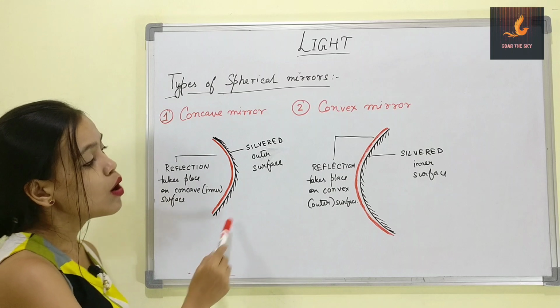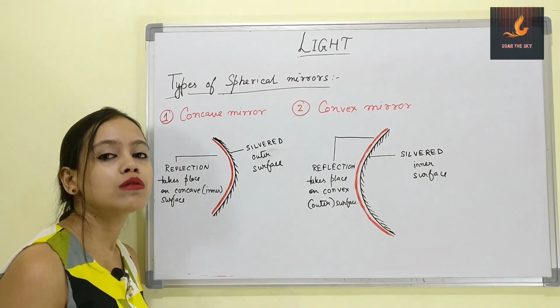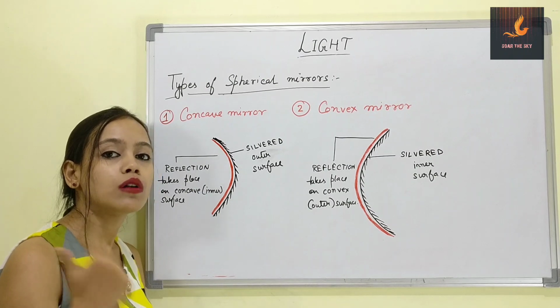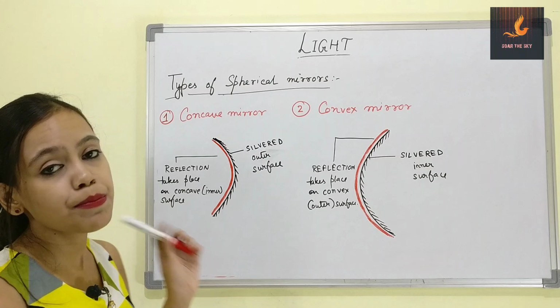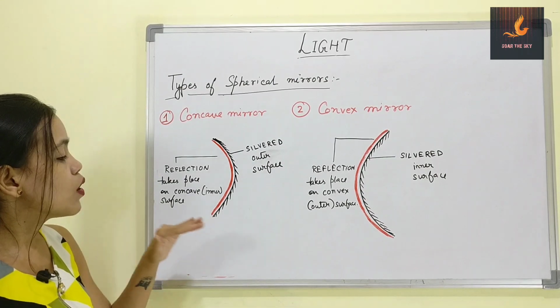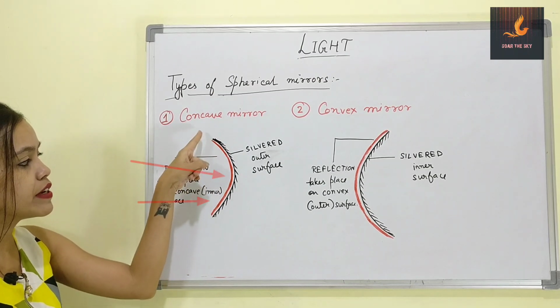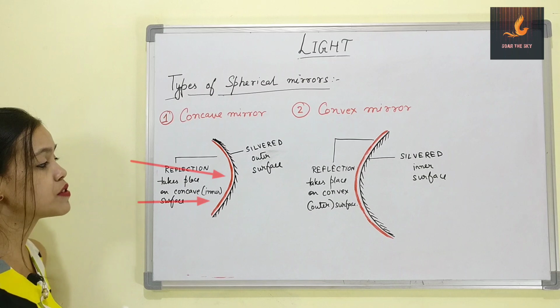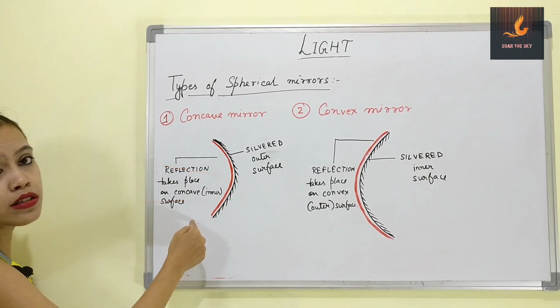If you can see, both are cut out hollow spheres. As we know, spherical mirrors are cut out from a hollow imaginary sphere. So here, what is the basic difference between both the mirrors? The concave mirror has this inner surface as the reflecting surface. Reflection takes place on this inner surface.